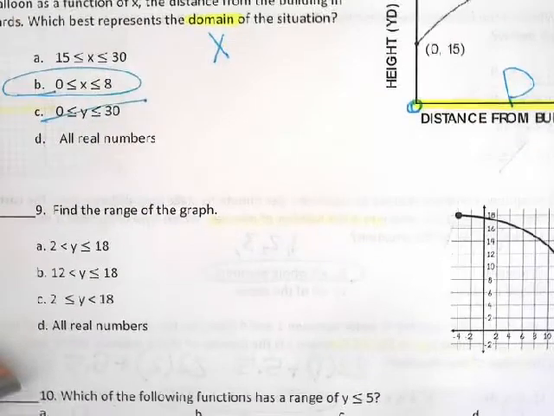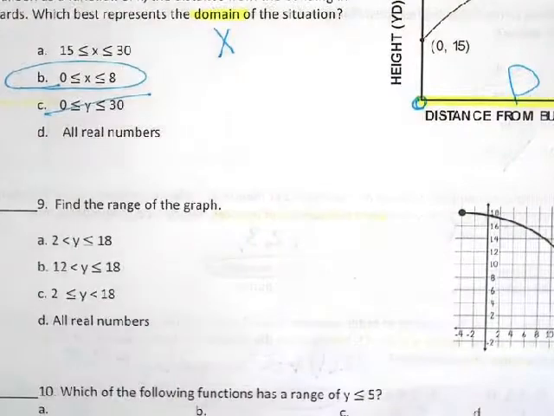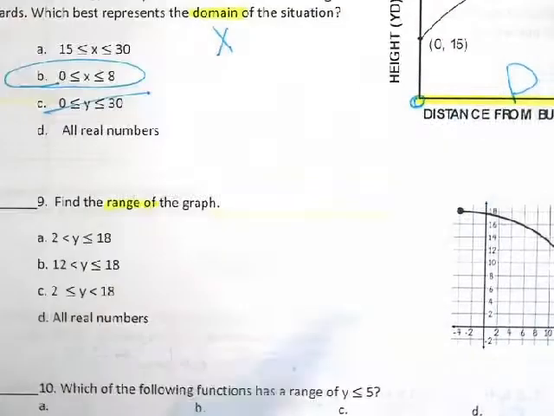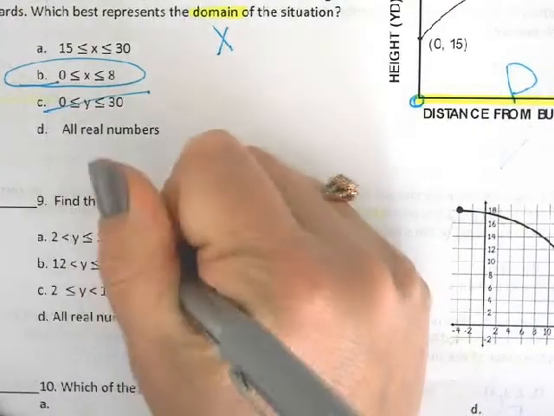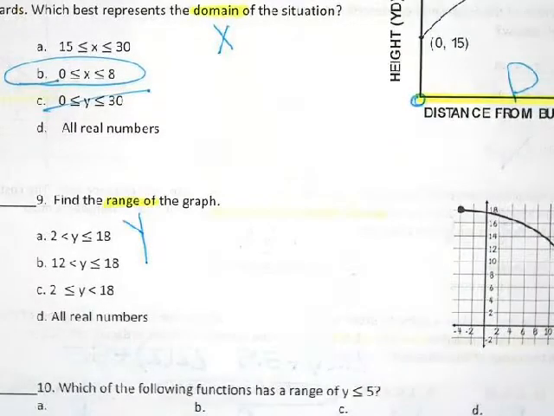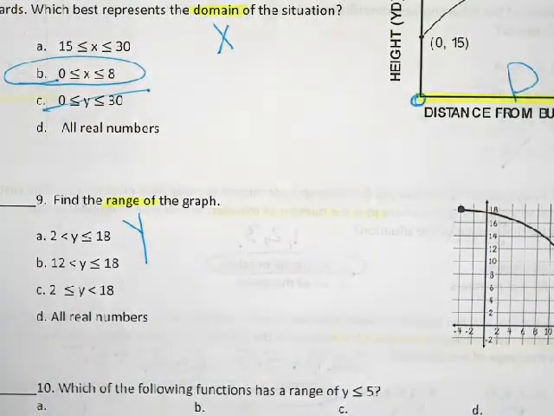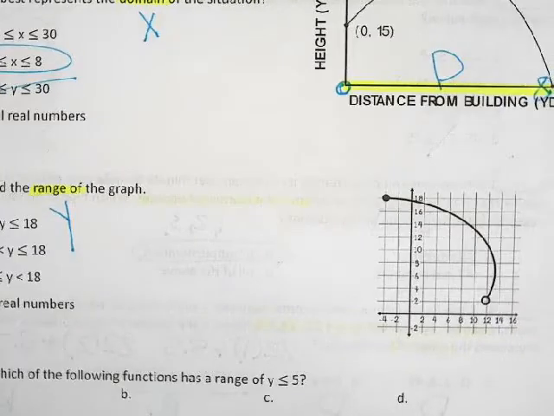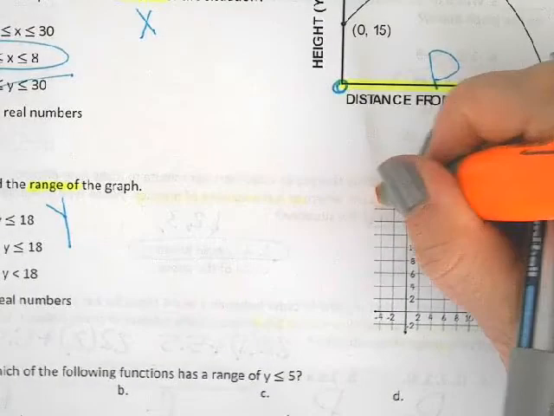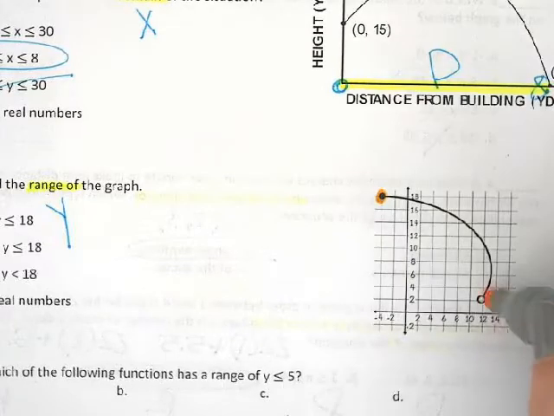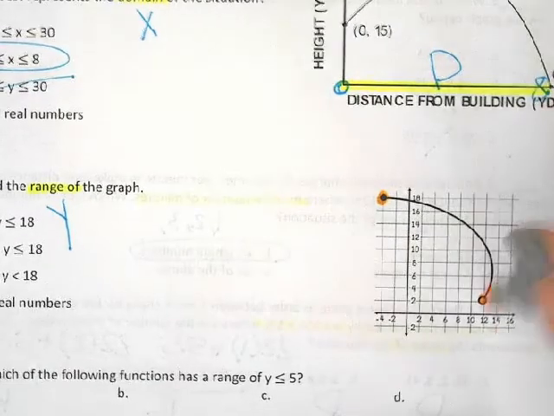For problem 9, find the range of the graph. Keyword is range. That means I'm looking for my y values. All the choices have y in it, so I can't mark anything out. So I'm looking for my maximum point, which is at the top here, and my minimum point. So I'm pretty much scanning.